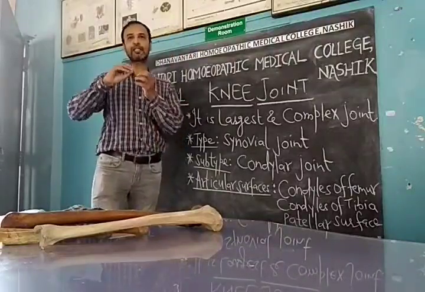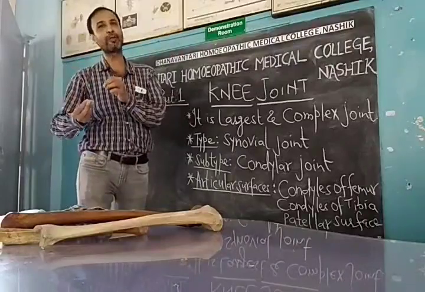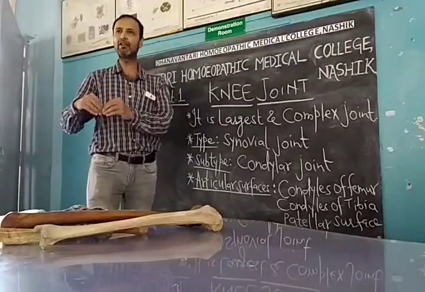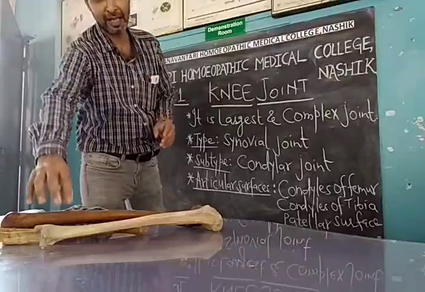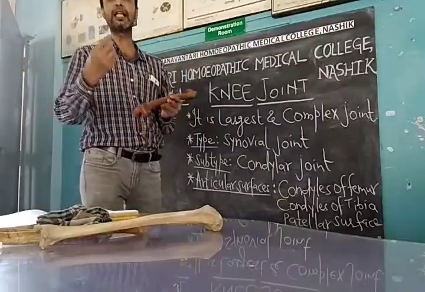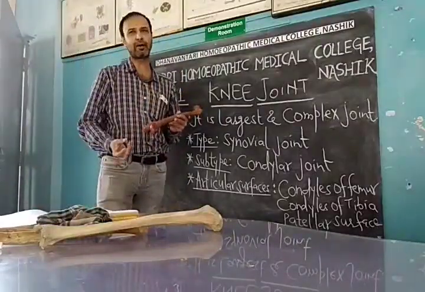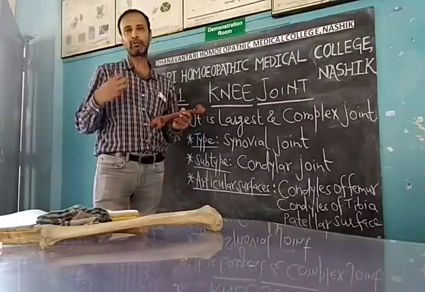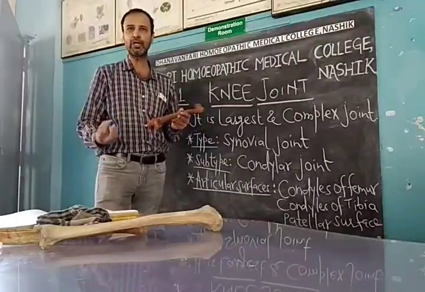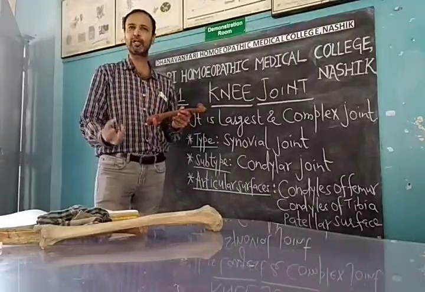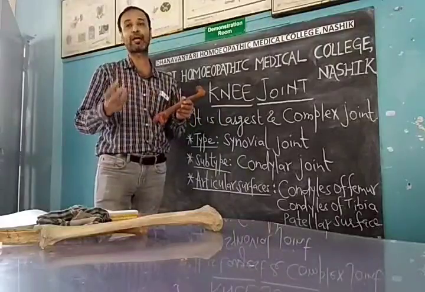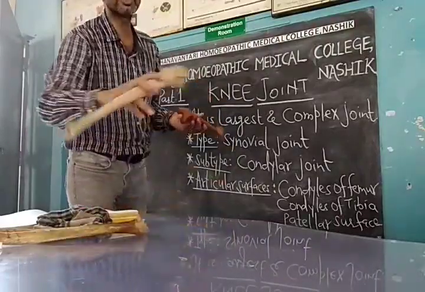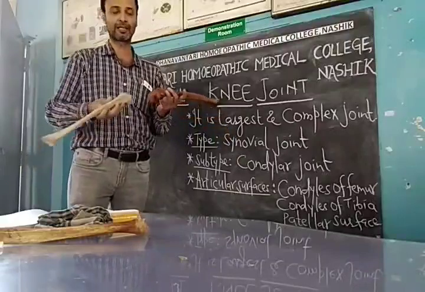So there is the medial femorotibial joint, I will show you on the bones, and the lateral femorotibial joint, and the patella, so the femoropatellar joint. These are the three joints, and their fusion is why it's called complex.